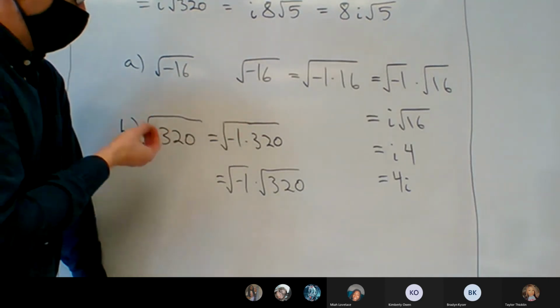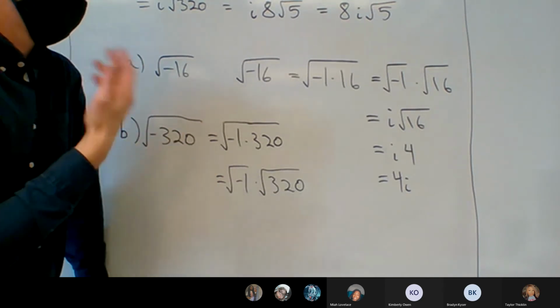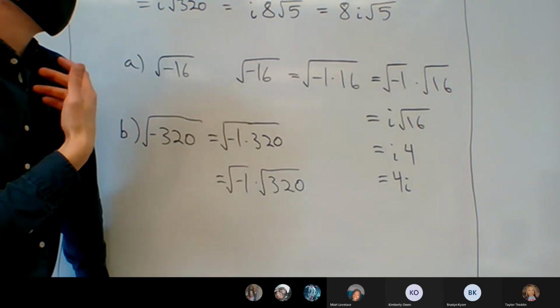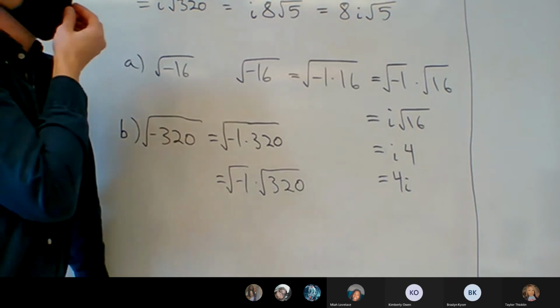So you're going to need to know how to deal with negatives under the square root so that you can clean up your solutions when, on Friday, I ask you to find complex solutions to quadratic equations.